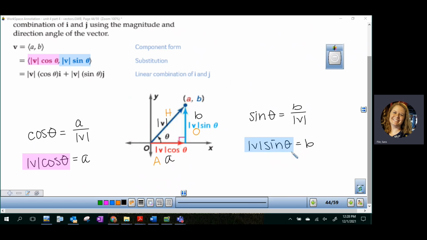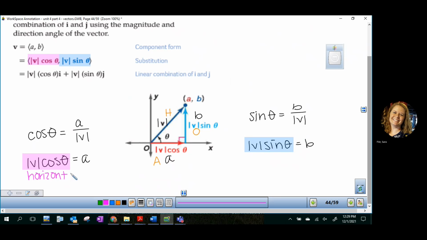So if you know the magnitude and direction, you don't need to know the ordered pairs. You can still put it in component form. So I'm going to label these real fast. This is the horizontal component. This is the vertical component.